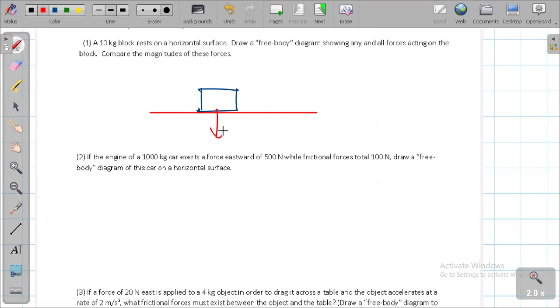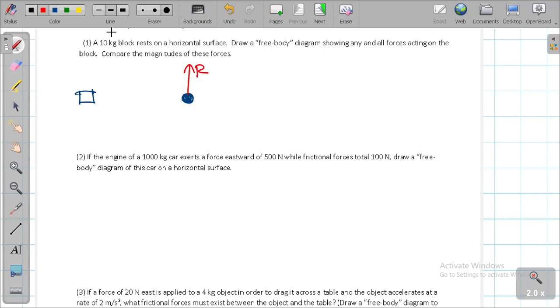Firstly, there is a weight of mg and the reaction R, showing the block at rest on a horizontal surface. Rest means it does not move. So you can simply draw a small dot or a simple box and draw the upward force.